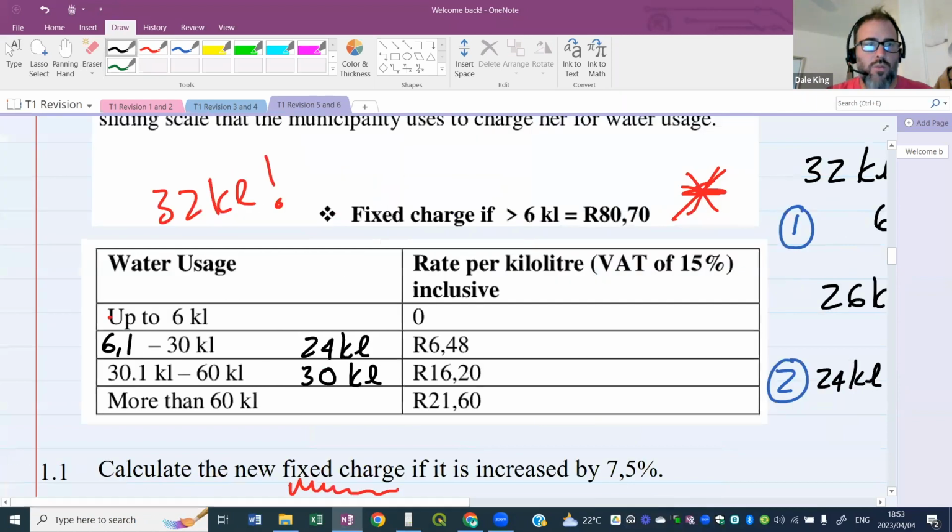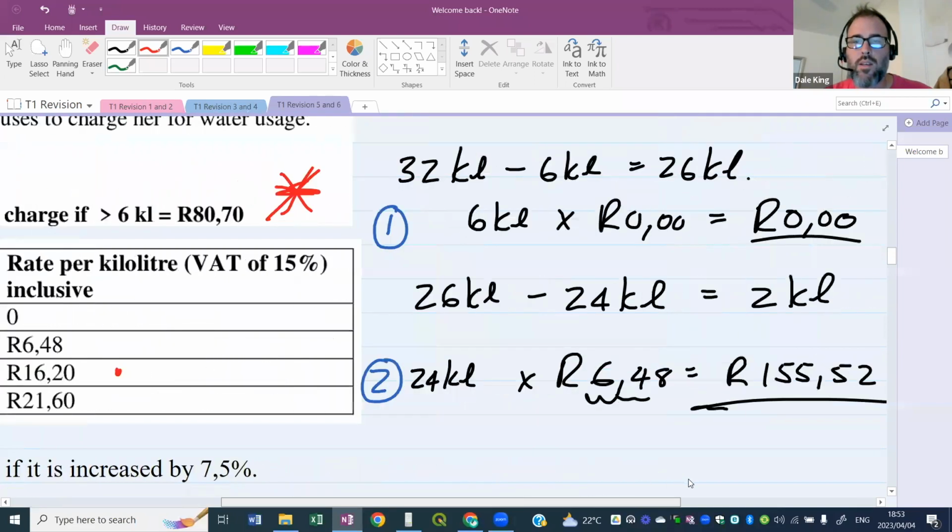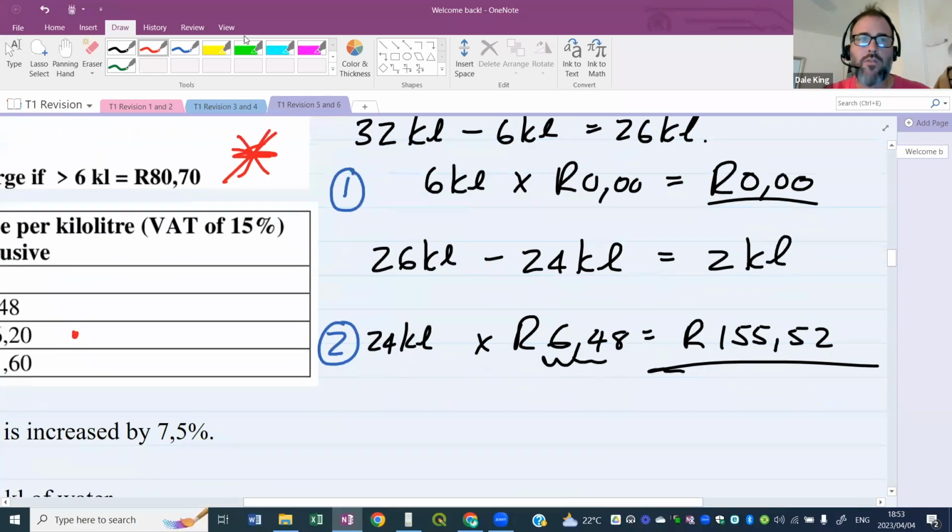Now we've moved from free water into the second bracket, used all 24 in there, and now we're in the third bracket with only 2 kiloliters left. We're not going to move out of the third bracket. We're going to stay in here, and this bracket's charged at 16 Rand 20. So that 2 kiloliters I have left, where does it come from?